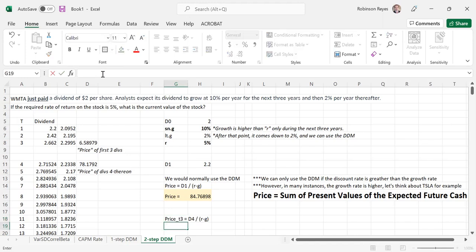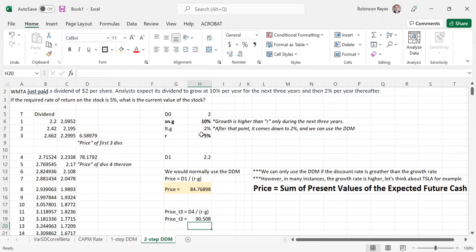So price at time 3 will be equal to this dividend 4, which we have here, divided by R 5% minus G. Now, long-term growth rate is smaller than R, so we can actually use it. And we have this 90.